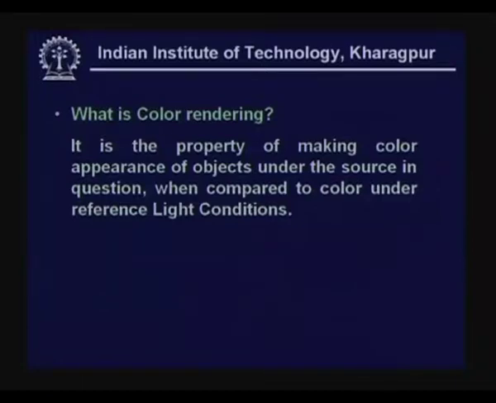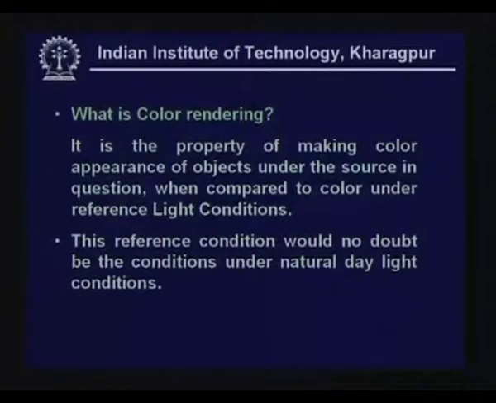So, this is a property of the color appearance obtained from the object under the test source, whichever source we are trying to examine or investigate, with respect to the source under reference light conditions. No doubt the best reference condition would be natural daylight conditions.